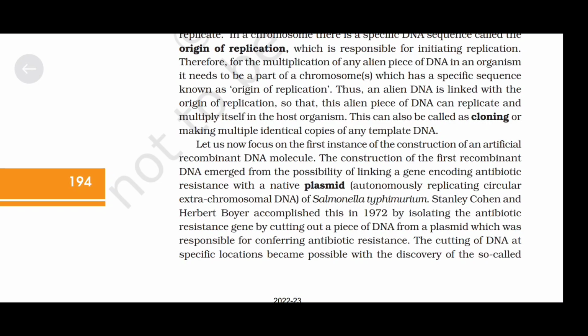Stanley Cohen and Herbert Boyer accomplished this in 1972 by isolating the antibiotic resistance gene, cutting out a piece of DNA from a plasmid DNA which was responsible for conferring antibiotic resistance.